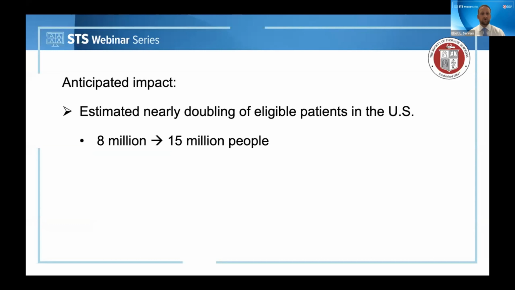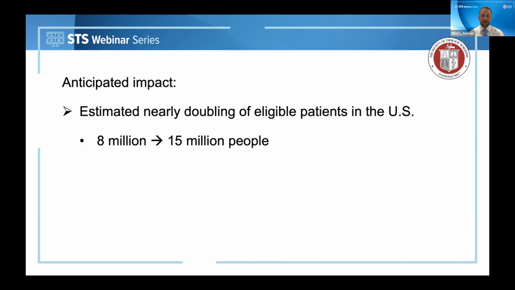Additional impacts, well, the estimate is that when we move from the initial USPSTF guidelines to the more recent update, we will nearly double the number of eligible patients in the United States. That's going from approximately 8 million to a little bit over 15 million people who will be eligible for screening.